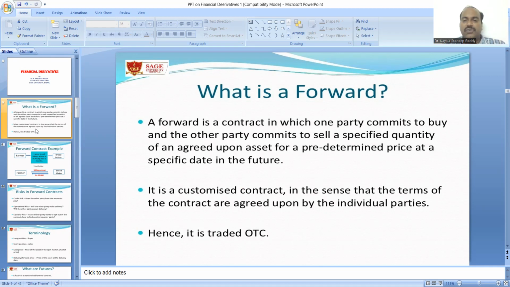It is a customized contract in the sense that the terms are agreed upon by the individual parties, and hence it is traded over the counter. As we have seen, over the counter contracts are unregistered contracts and are free of price regulation.